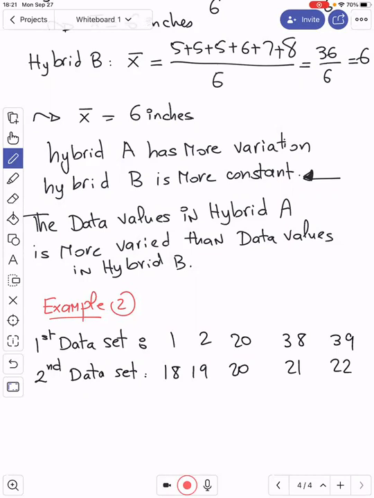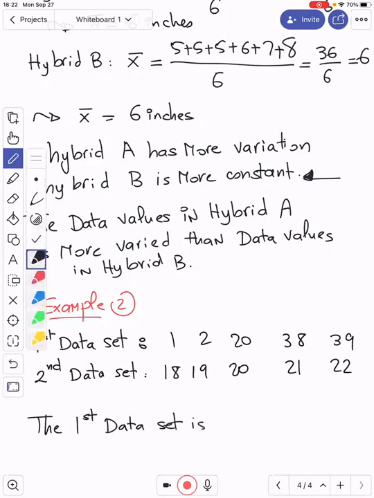Absolutely, the first data set is more dispersed than the second data set. Very good.